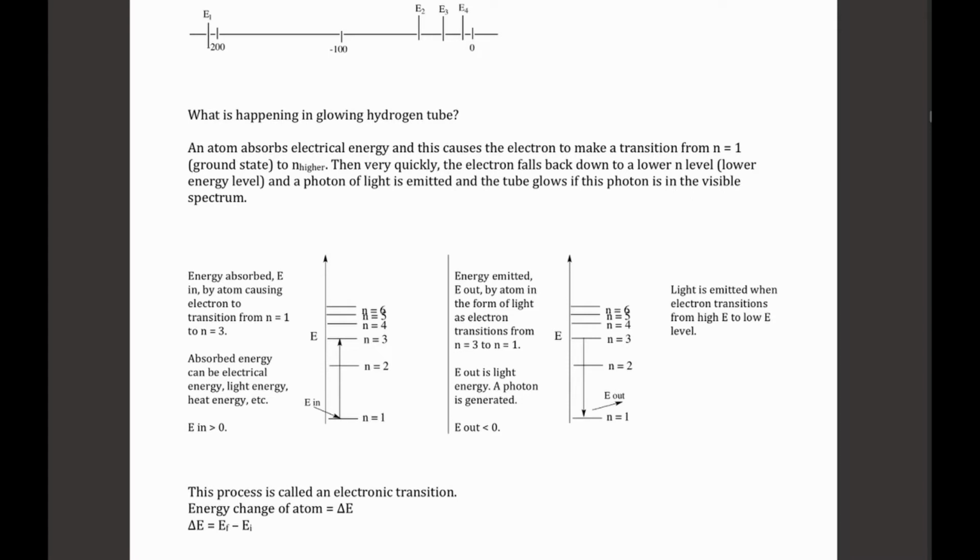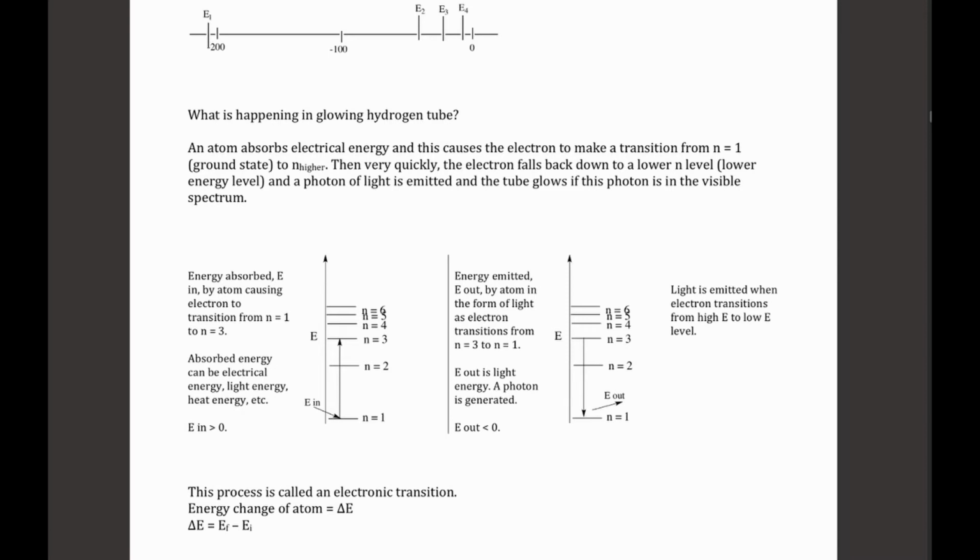But very quickly, the electron falls back down to a lower n level, a lower energy level. Now, the energy is conserved, so the energy of the atom goes down by emitting a photon of light, and the tube glows. We see it glowing if the photon of light given off is in the visible spectrum.